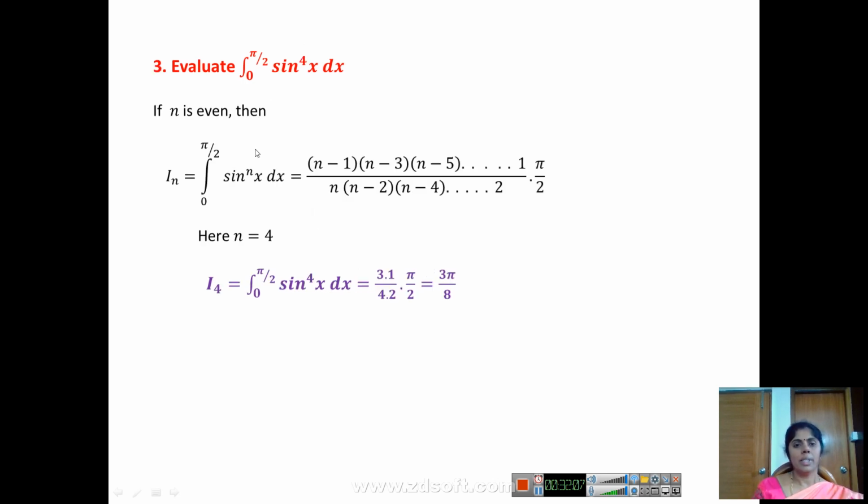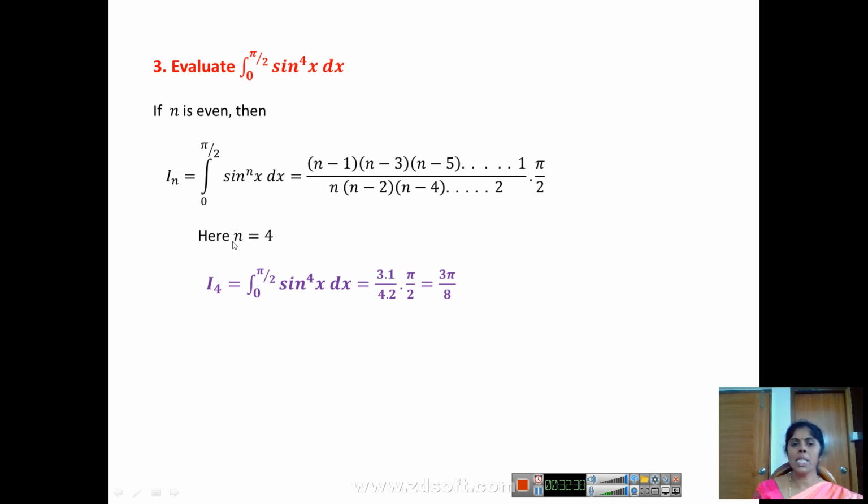Here's the third one, the same problem. Evaluate integral 0 to pi by 2 sin to the power 4 of x dx. In the previous problem, we considered n equal to 5, that is an odd number. Here we can consider an even number. See, here we are having the In formula. The In formula is the same thing, but once the power is an even number, at the end we have to multiply by pi by 2.